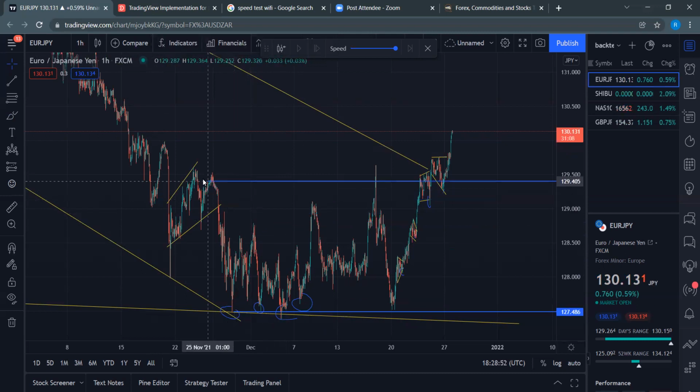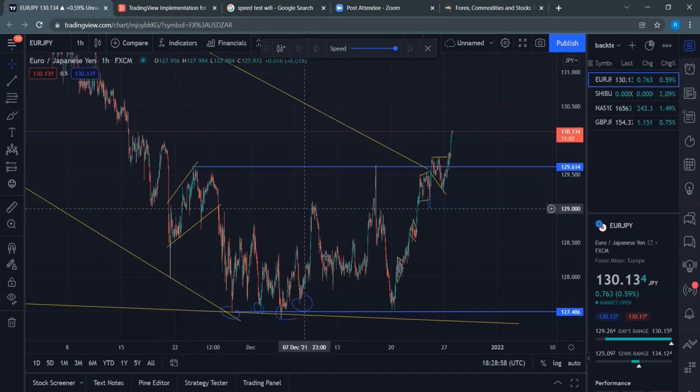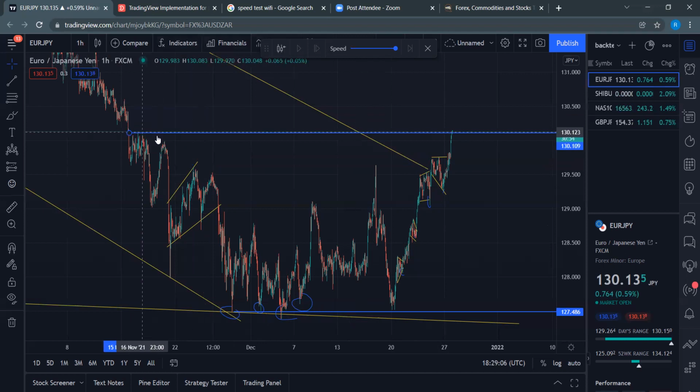And now from here we have another previous high, so we don't know how it will react.